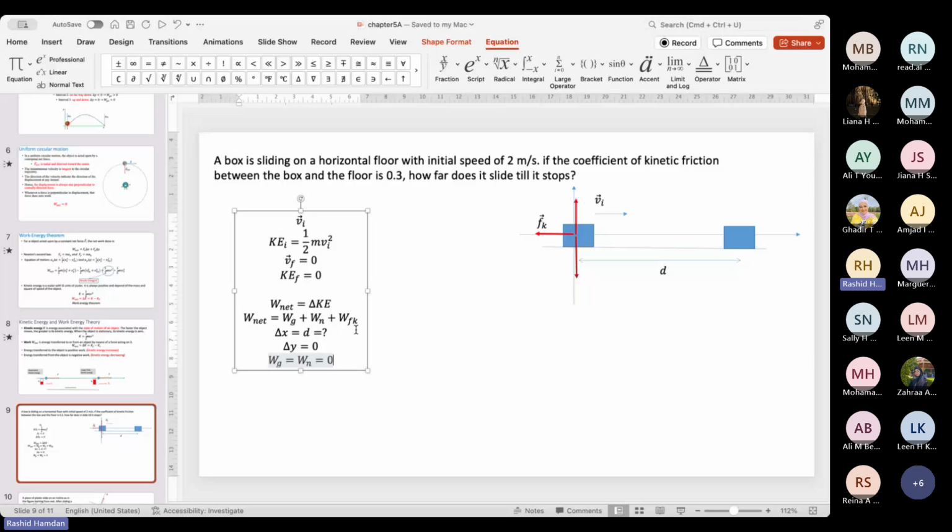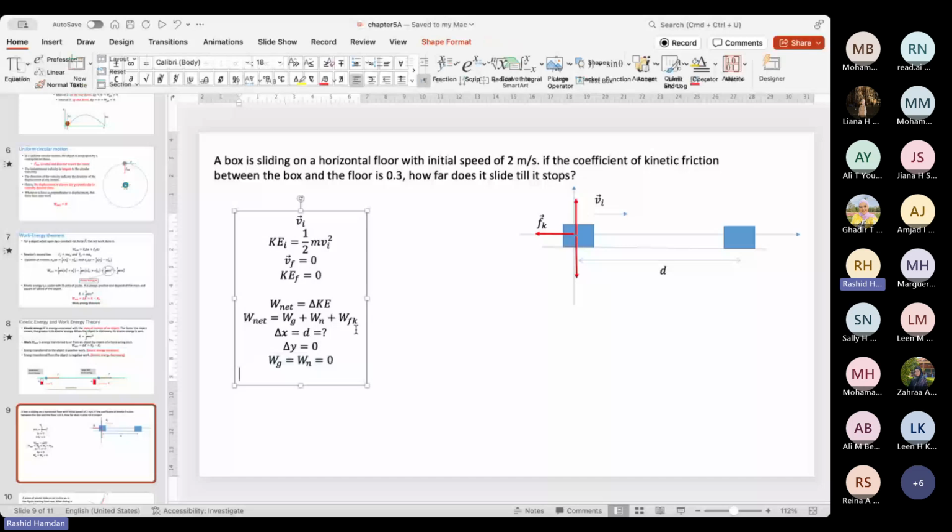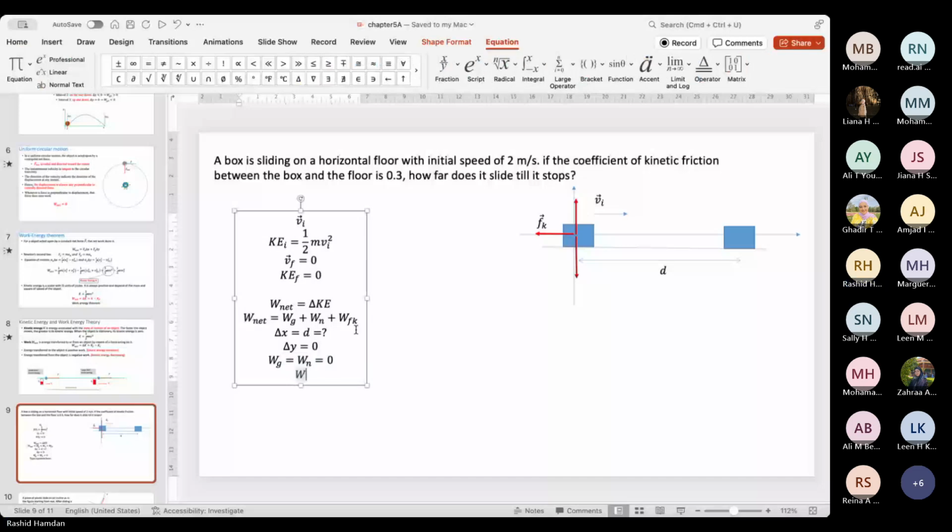So I only have the work done by friction. The work done by friction is equal to minus Fk, the kinetic friction, multiplied by delta x, which is d. So if I find the work done by friction, I can find d.